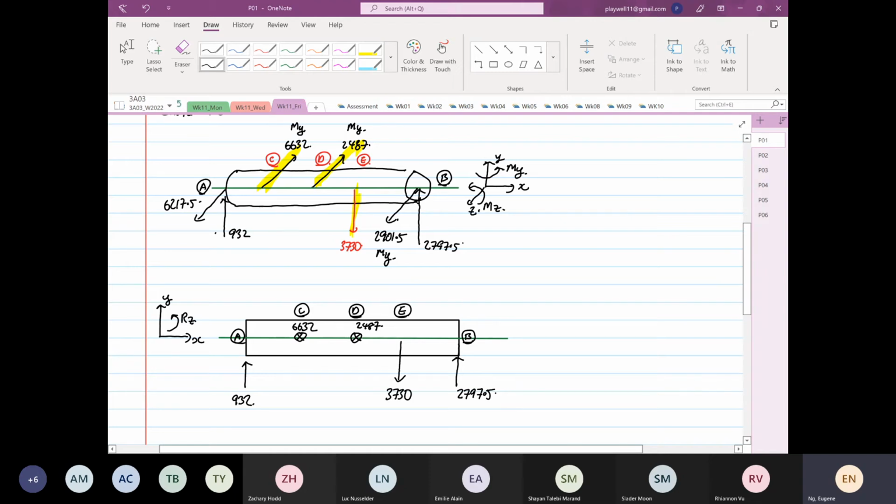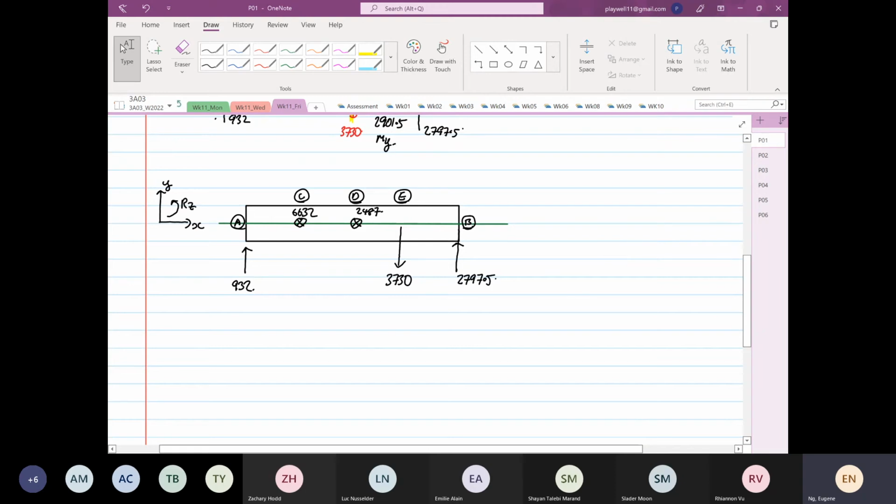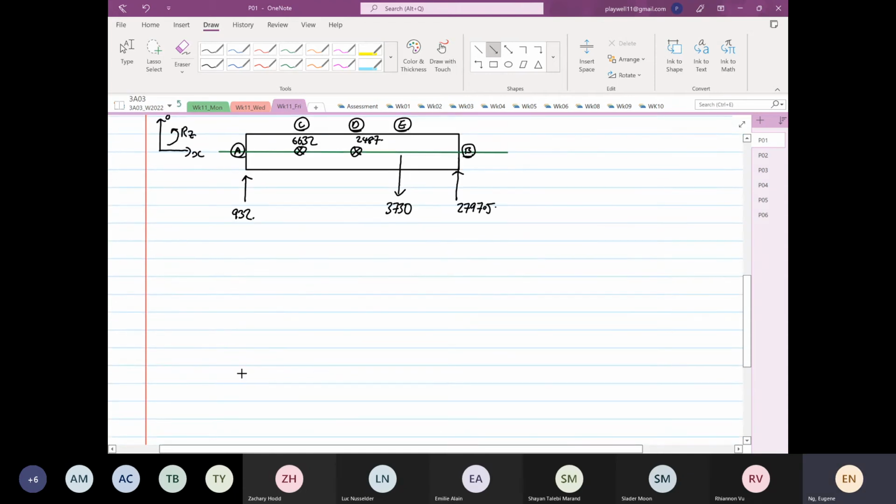So we are going to draw out the moment about y. Okay, we are going to create a table. Sorry, moment about z. I'm still not awake.